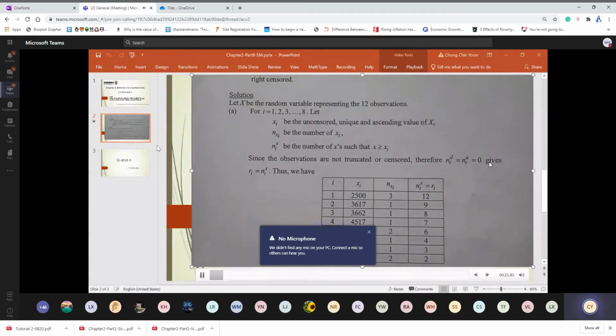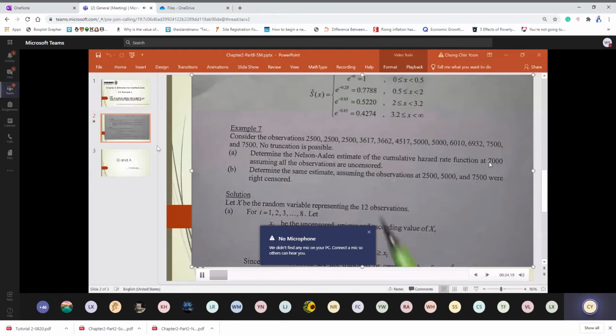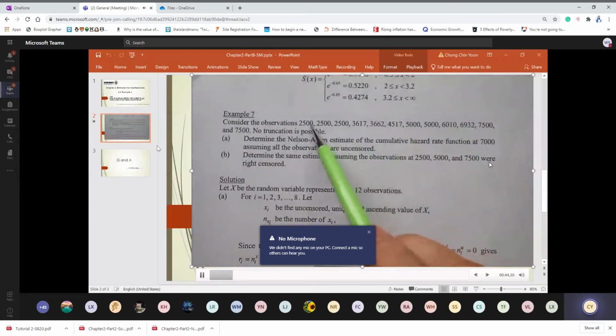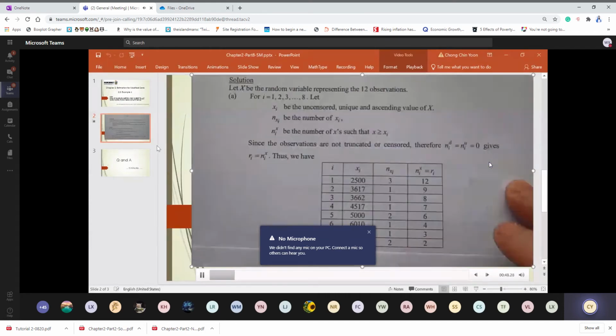So the solution for part A, first of all, we let X be the random variable representing the observation from here. You can see that, for example, the observation 2005 is repeated 3 times. So we make these the X values, which are distinct, so that becomes 2005 until 7005.